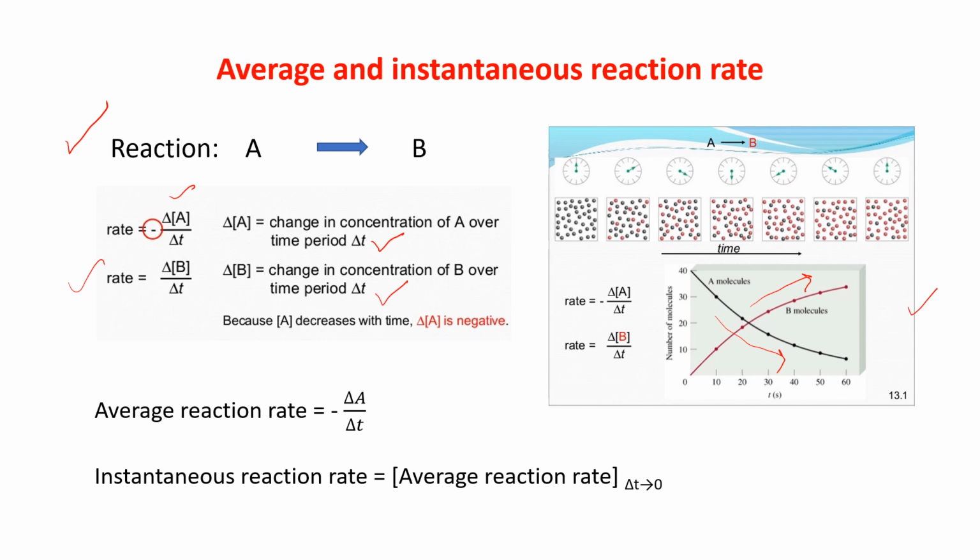Average reaction rate is also given by minus delta A by delta T. And instantaneous reaction rate can be given by the average reaction rate where the limit delta T tends to 0, because it is for a particular moment of time. So we are just limiting delta T to 0.